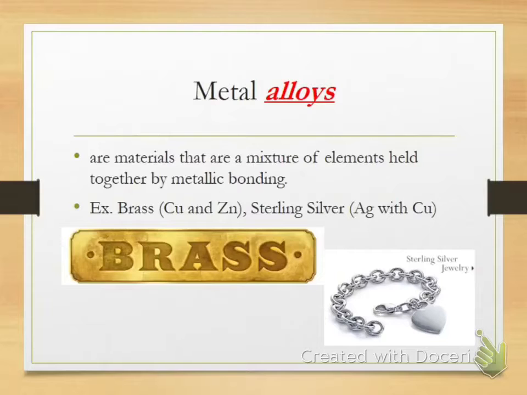When we talk about compounds with metals, we usually call them alloys. That's things like brass, sterling silver, bronze. Those are all alloys. And I think that's left off your notes, so I would add it in.